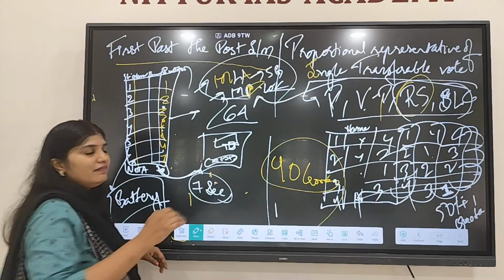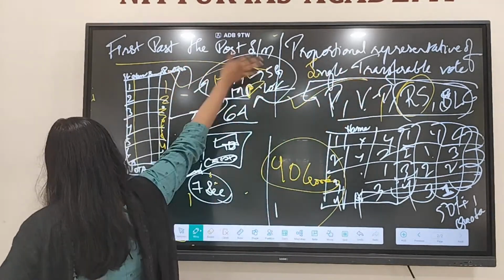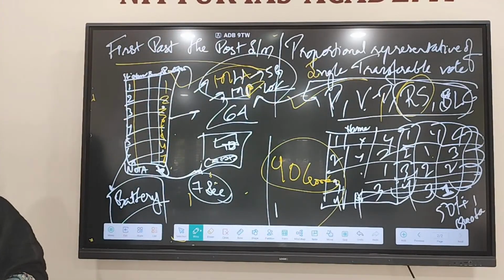In indirect elections they will use this method. In direct elections they will use this method. Understood? Okay.